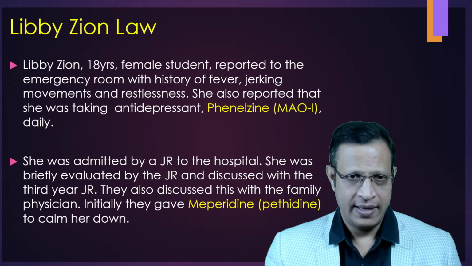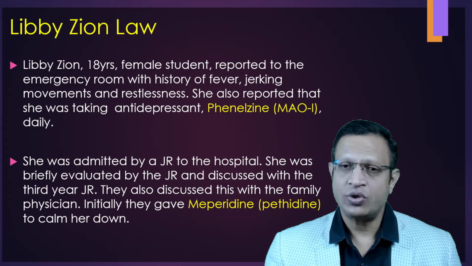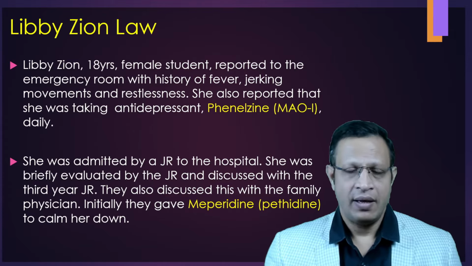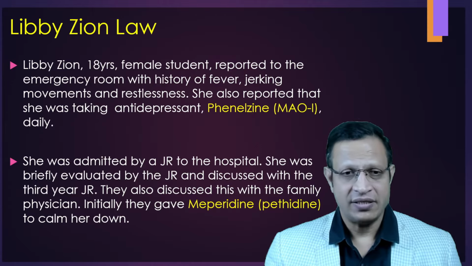Let's discuss an important case law, that is Libby Zion's case from New York. Libby Zion was an 18-year-old female student studying in New York. One fine day, around 11 p.m. at night, she reported to the emergency room of the hospital.